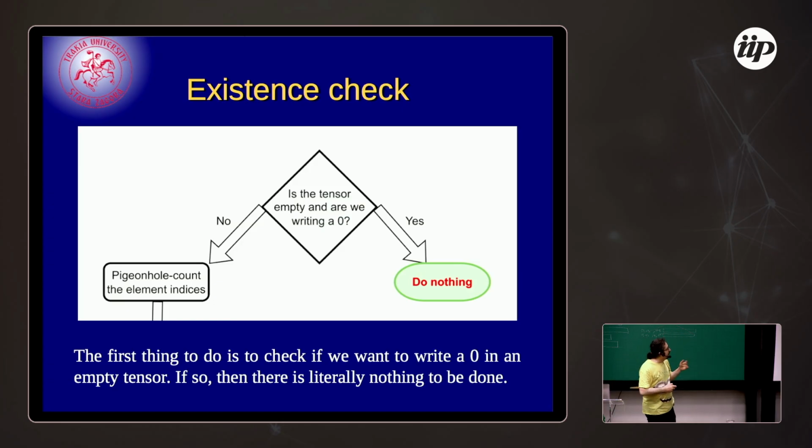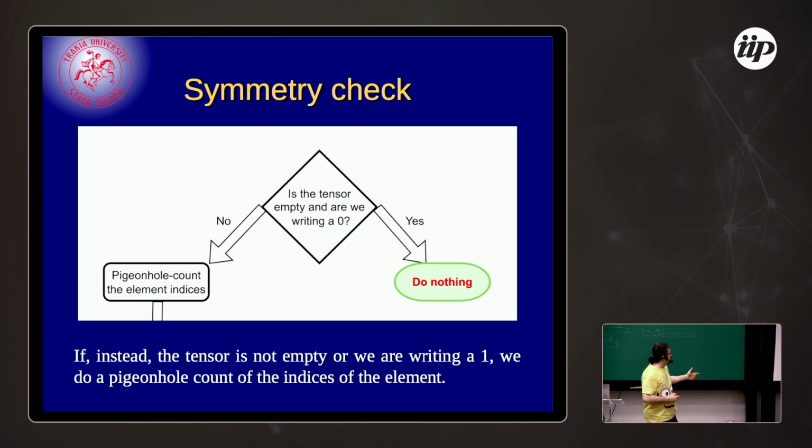So if the tensor is empty and we are writing a 0, there is nothing to be done because everything is already 0, so you don't have to write a 0 that is already there. So, nothing done. Alternatively, either the tensor is not empty or we are writing a 1. I mean, the opposite of an AND is the OR of the nots. If that is the case, then we do the usual pigeonhole count like before. So far, this is almost exactly the same as the reading. We do the pigeonhole to check for the symmetry.